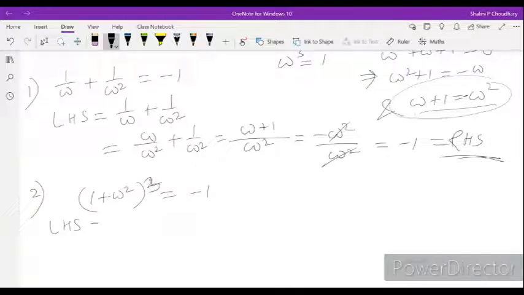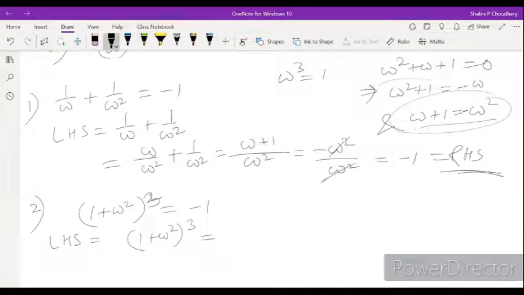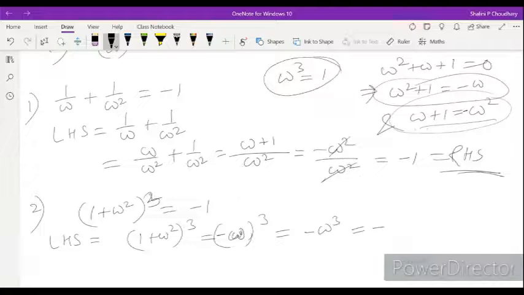LHS is equal to (1 plus omega square) whole cube. As we know, the value of 1 plus omega square is minus omega. So this will be equal to (minus omega) whole cube, which is minus omega cube. As we know that omega cube is equal to 1, it will be -1, which is equal to RHS. Hence proved.